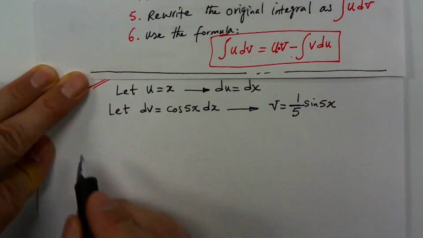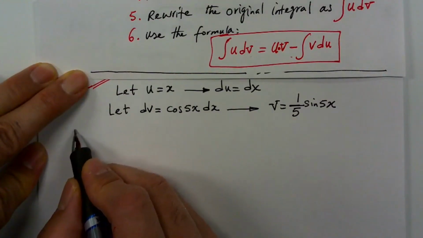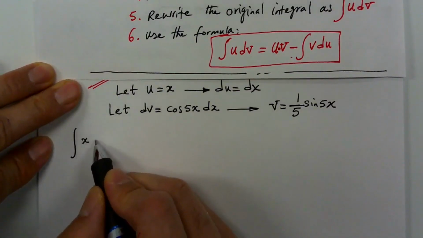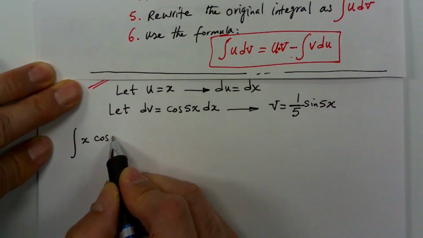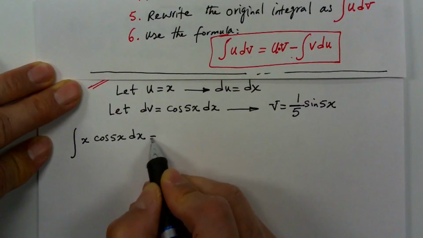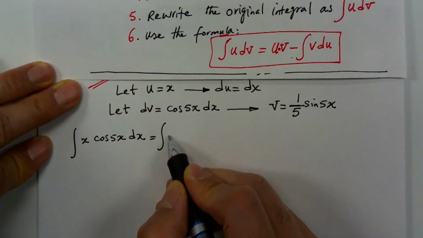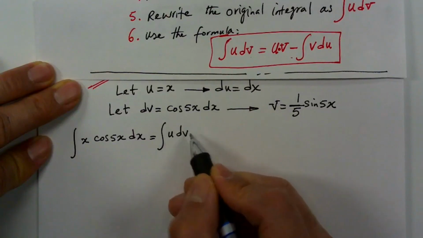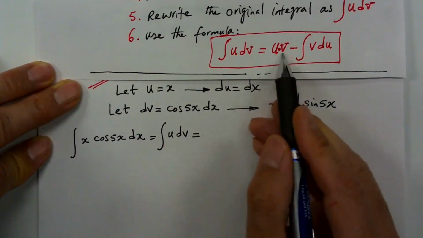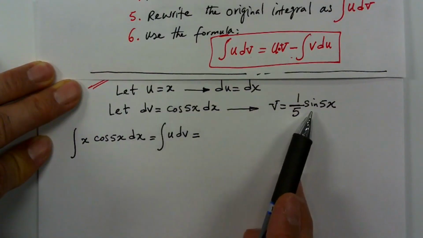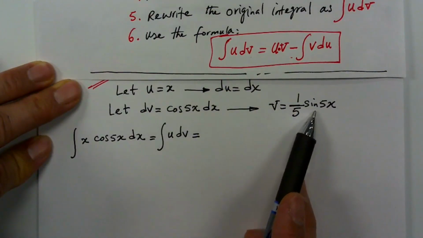Okay, so the original integral was as follows. We had the integral of x cosine of 5x dx equals now the integral of u dv, which is equal to u times v. u is x, v is 1 over 5 times sine 5x, right?